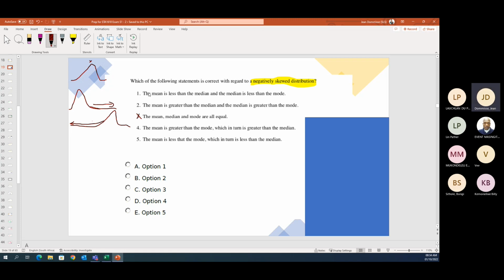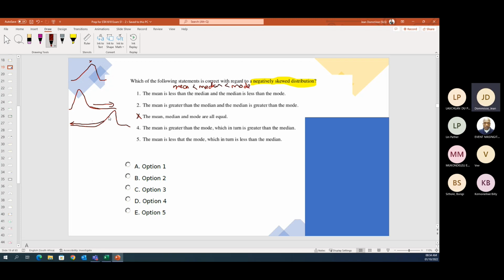Okay, so let's see what each of these say. The mean is less than the median, and the median is less than the mode.